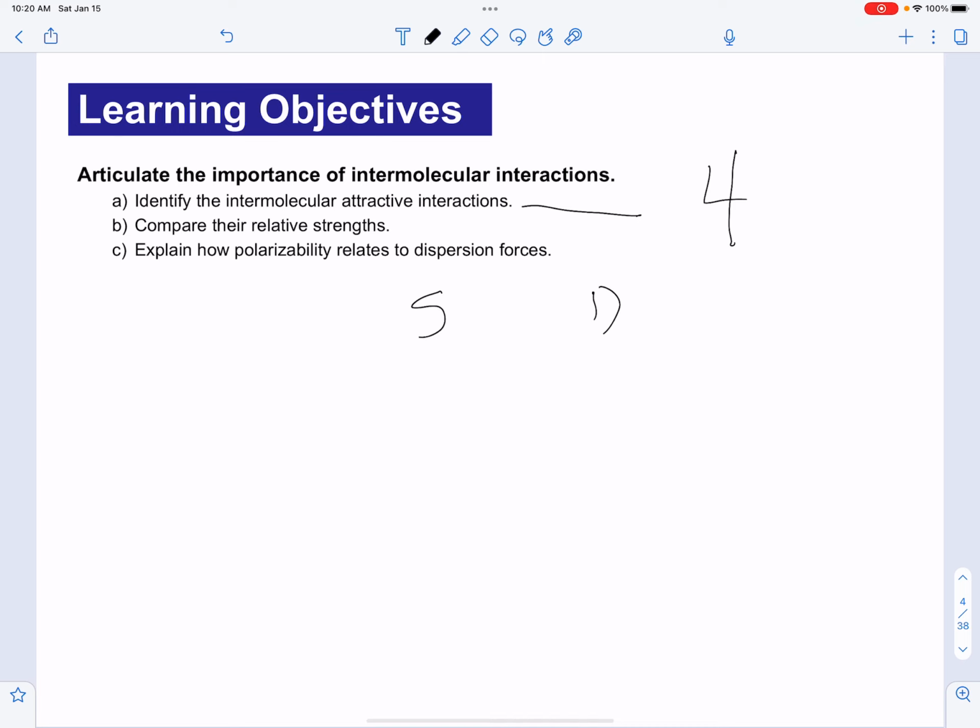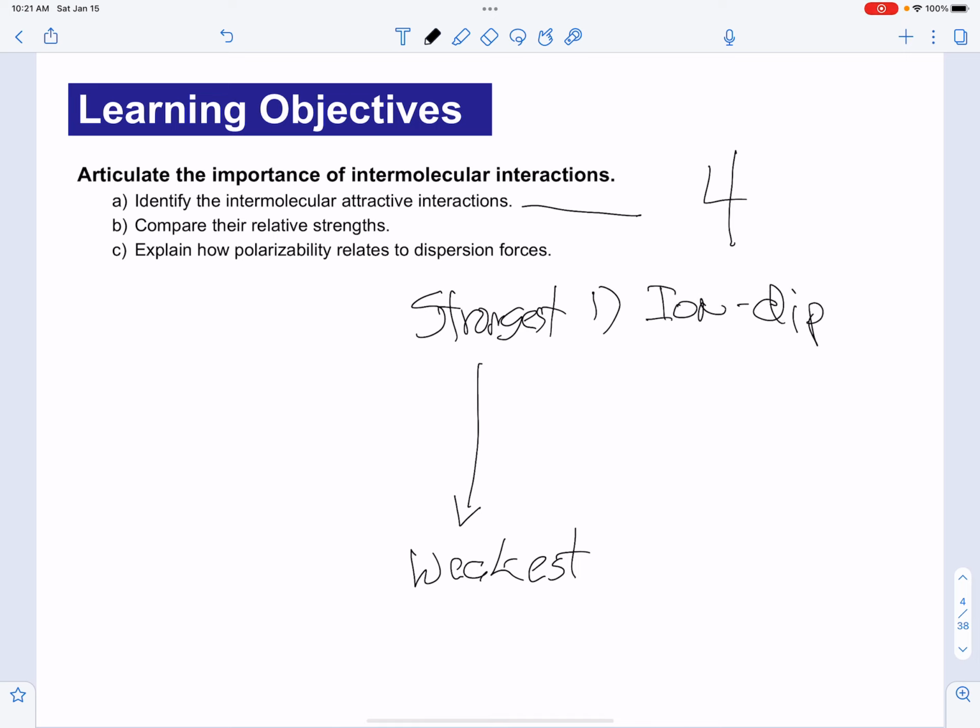And going from the strongest to the weakest, they're going to be ion dipole. Second one is going to be hydrogen bonding.